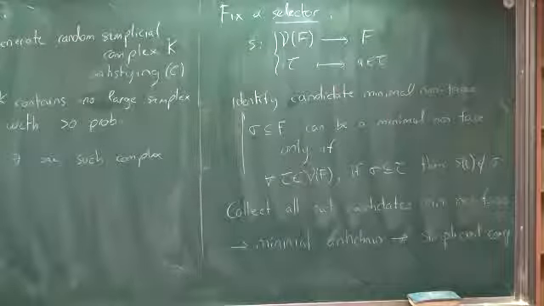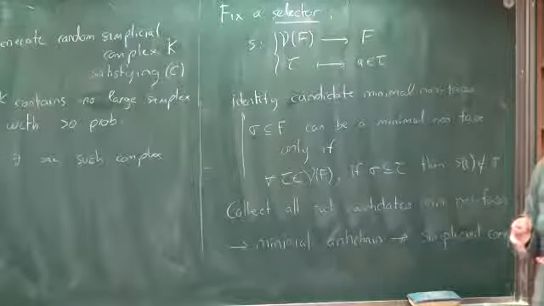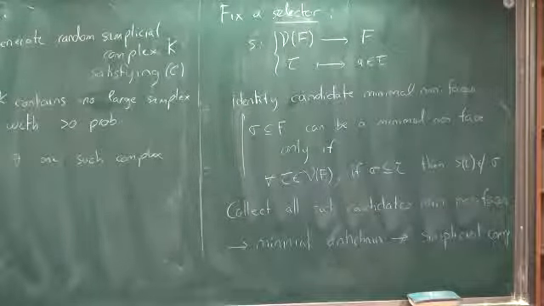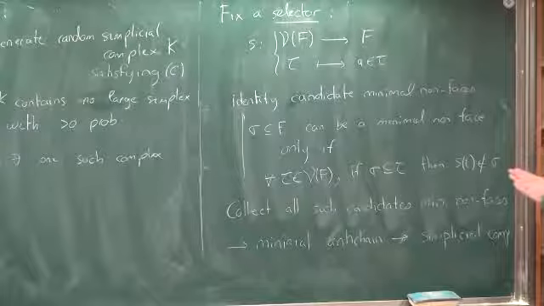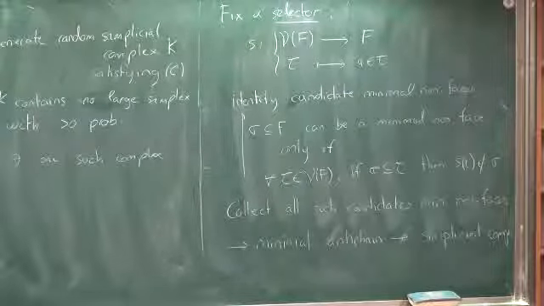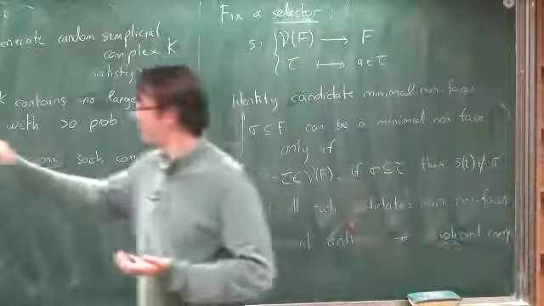Now all we need is to generate a selector randomly. That we can do easily, because one natural way is to pick a random order on the vertices, and for each face we select the smallest vertex for this order. That gives us a way to generate simplicial complexes that satisfy this condition.